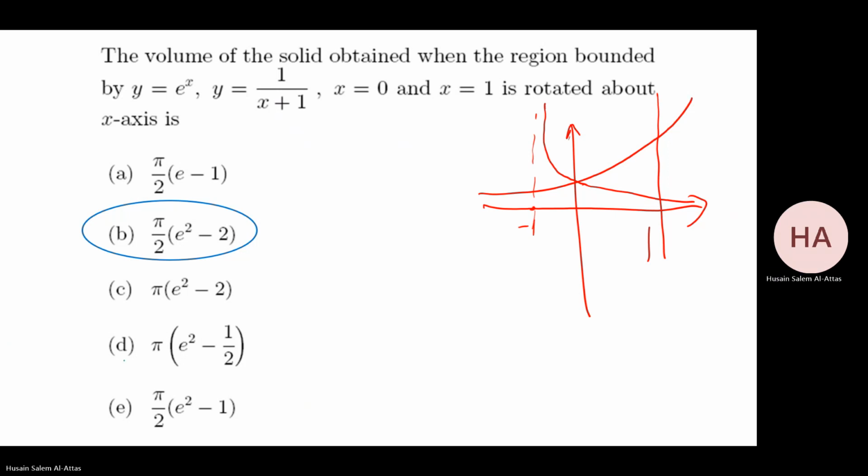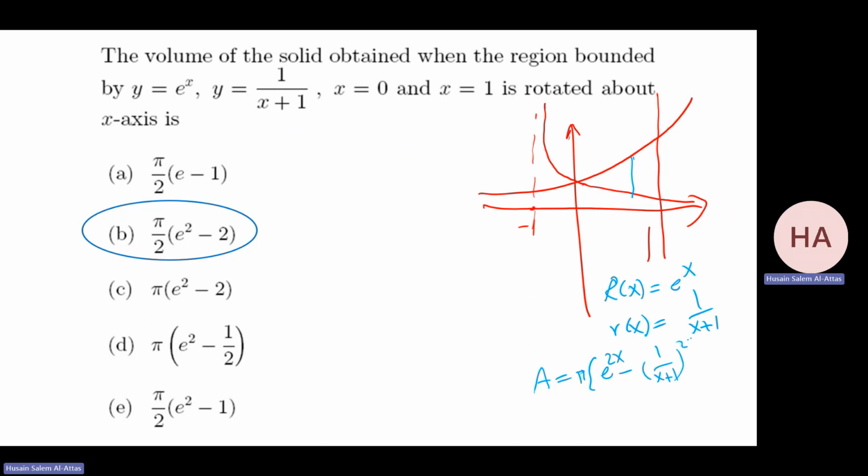Let us find the outer and the inner radius. About this one, so R of x will be e to the power x. Small r of x is 1 over x plus 1. And the area will be what? pi times (e to the power 2x minus (1 over x plus 1) squared).